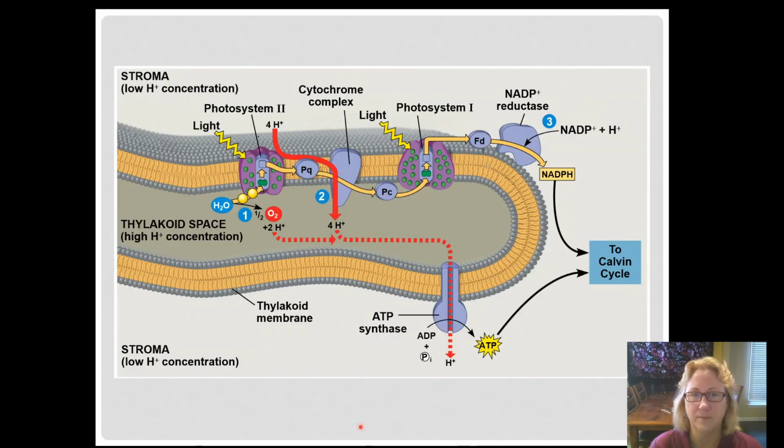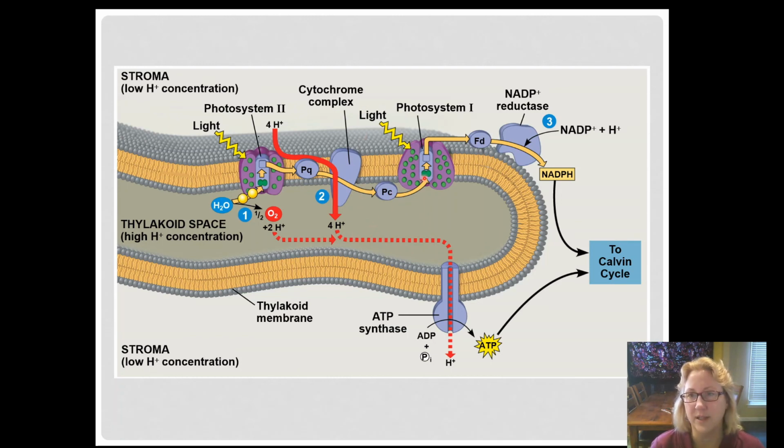So here are our photosystems, Photosystem Two, bouncing electrons up to a higher energy level, producing oxygen, passed down through the electron transport chain. Protons are being pumped into the thylakoid space.